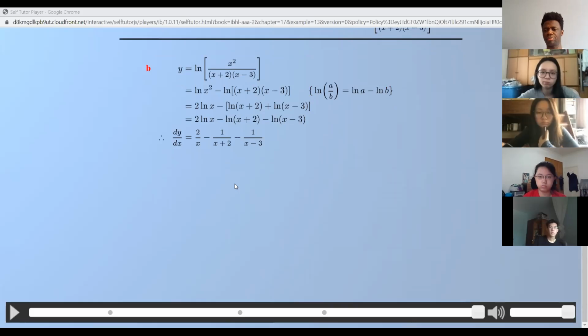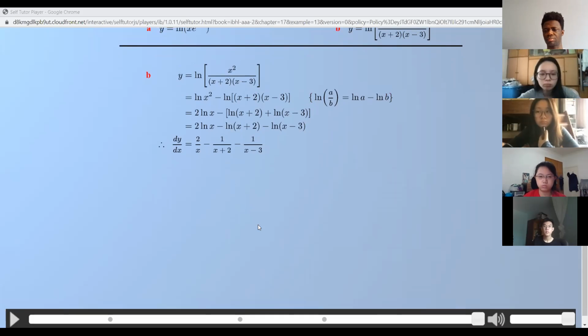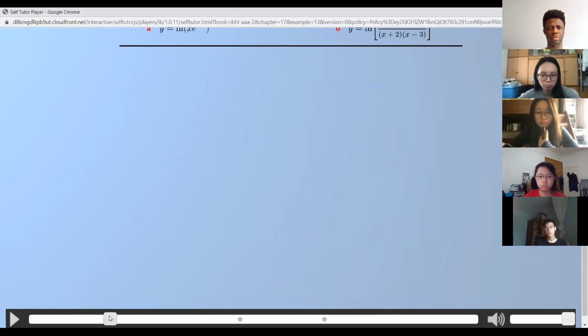Does this make sense also? In this case, in part A, we expand y using the law for the natural logarithm of a product. I want to explain something here. I want to make sure everybody gets something here. Now, this is logarithm to base e of e to power minus x, right?